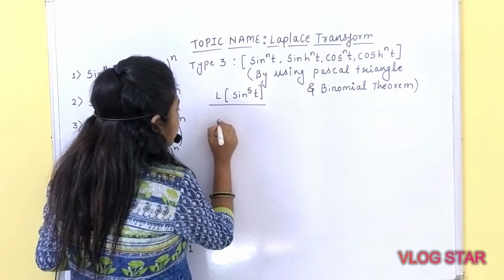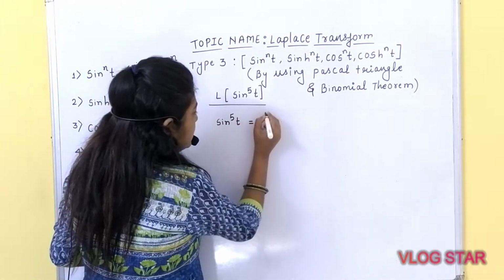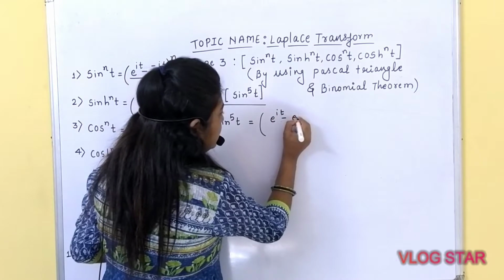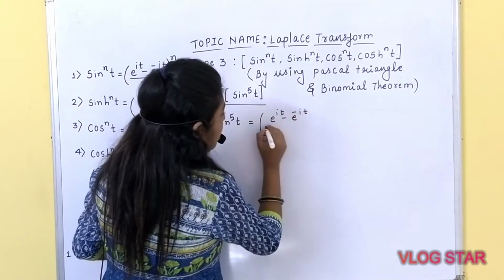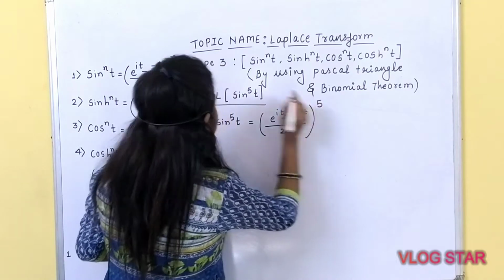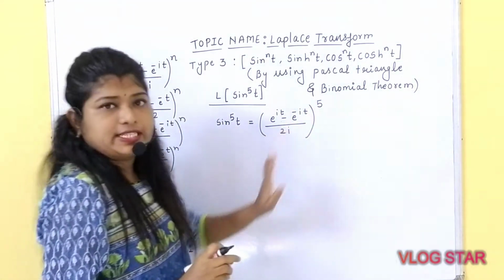So let's consider we need to calculate sin raised to 5t, which is equal to (e raised to it minus e raised to minus it upon 2i) whole raised to, instead of n, the value is 5.